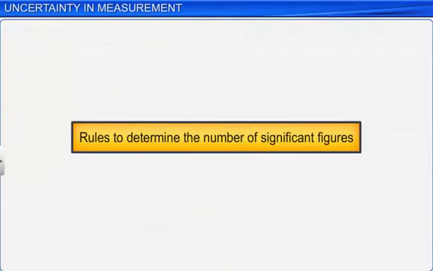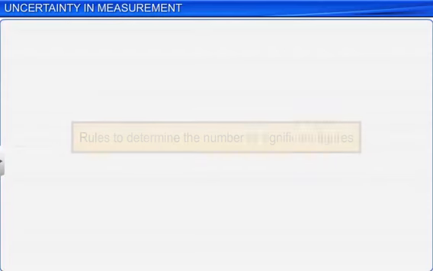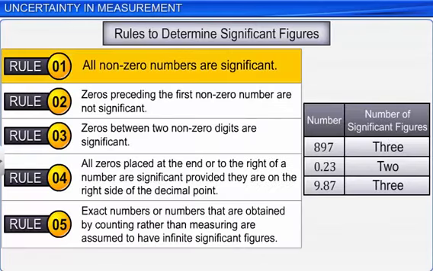Let's see the rules to determine the number of significant figures in a reported quantity. The first rule says that all non-zero digits are significant. For example, 897 has 3 significant figures. 0.23 has 2 significant figures, and 9.87 has 3 significant figures.